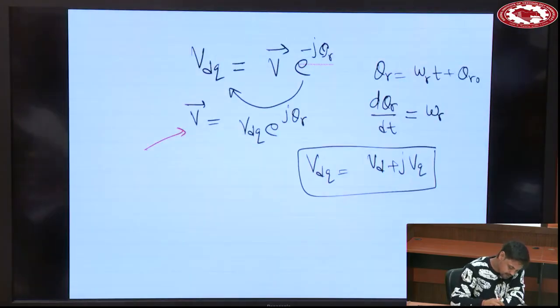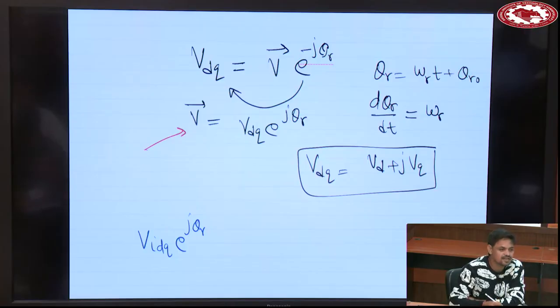So this Vi vector becomes Vi dq e to the j theta r. I am assuming it is the synchronous reference frame, so theta r will be omega t.